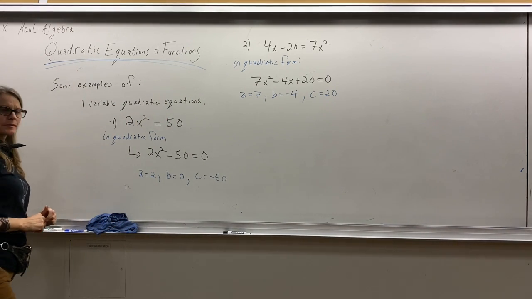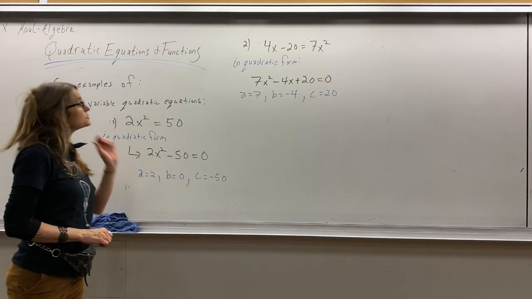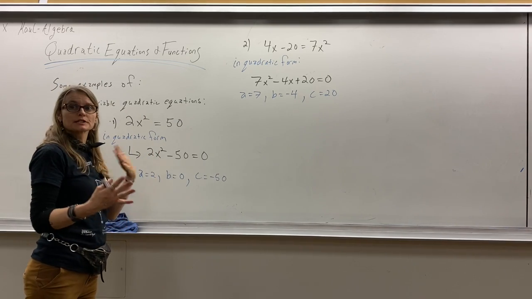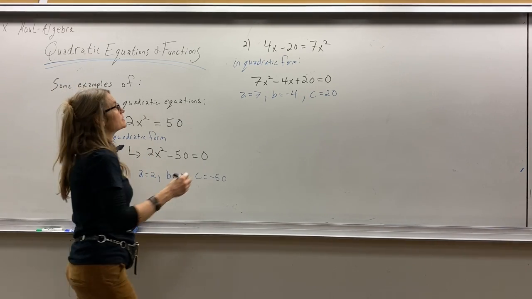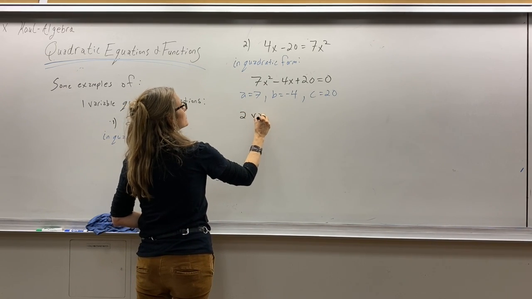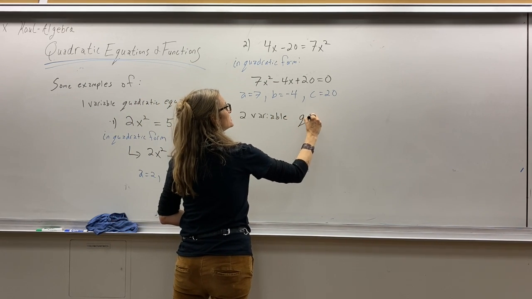So let's set this up a little bit. Let's take a look at what typical two-variable quadratic equations are when we actually have values for the a, b, and c. So here we have two-variable quadratic equations.